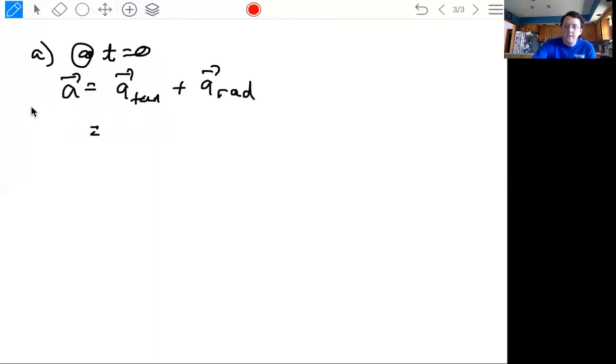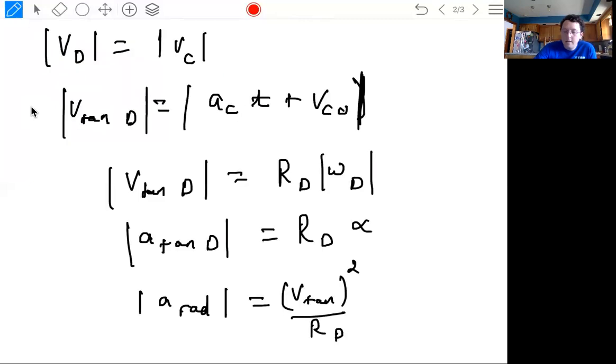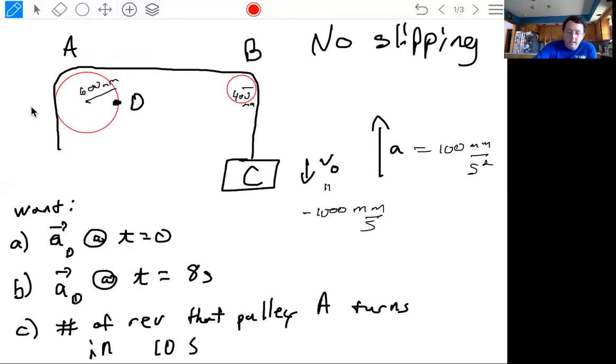If you're standing at point D and it's spinning, the tangential acceleration is going to point straight up, in the positive y direction. The radial acceleration at point D is going to be in the negative x direction.